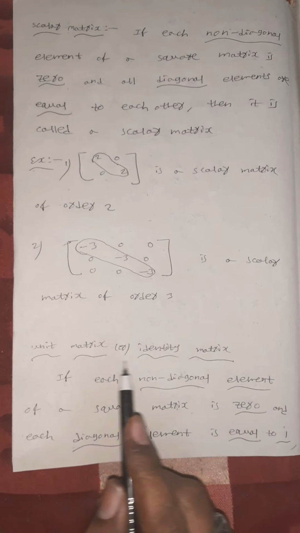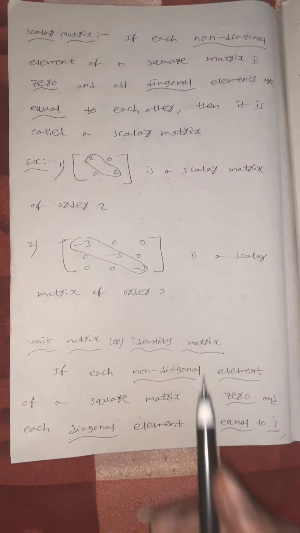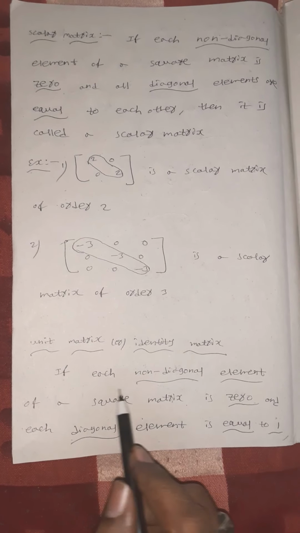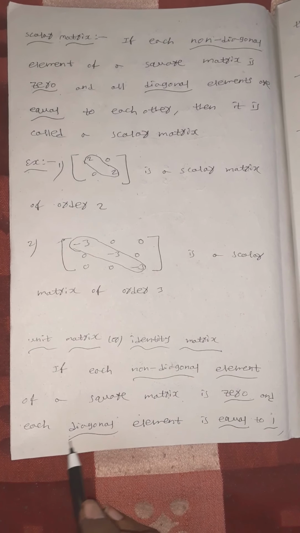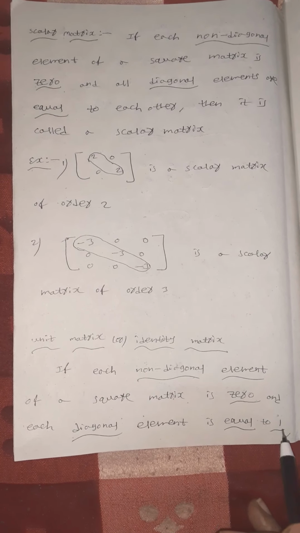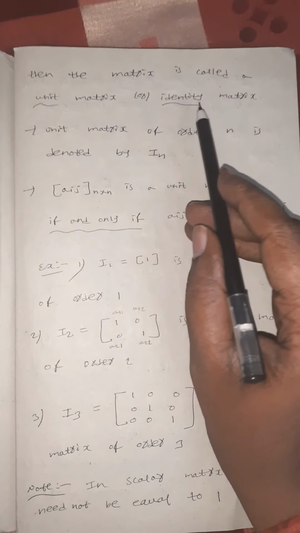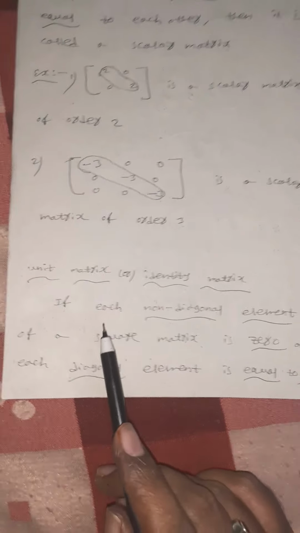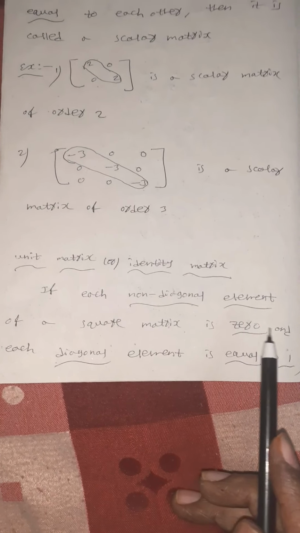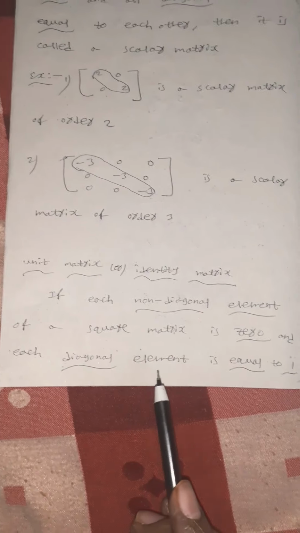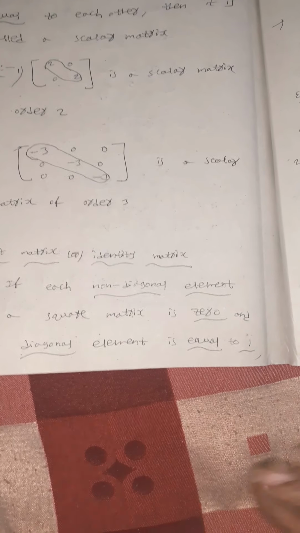Next, unit matrix or identity matrix, very important it is. If each non-diagonal element of a square matrix is 0 and each diagonal element is equal to 1, then the matrix is called a unit matrix or identity matrix. Same condition: non-diagonal elements are 0, and each diagonal element is equal to how much? 1.